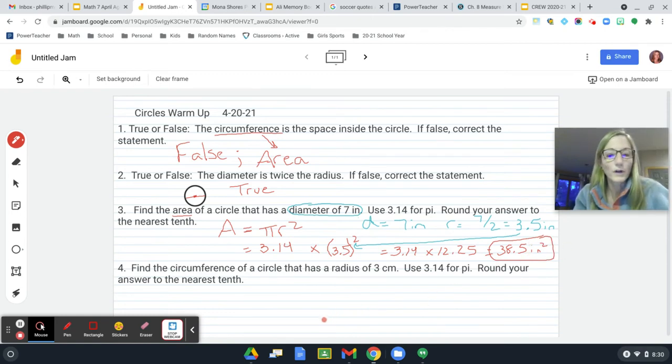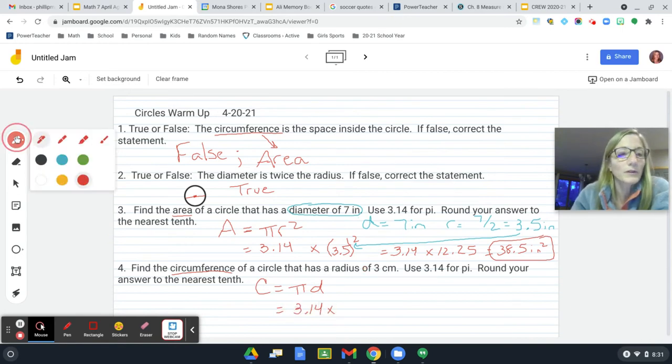Number 4, find the circumference of a circle that has a radius of 3 centimeters, use 3.14 for pi again, and round to the nearest tenth. So now if we're talking circumference, we're now talking pi times diameter. So remember the sayings that we did with these. Cherry pie delicious, apple pies are too, right? So circumference, pi times diameter, 3.14 times.